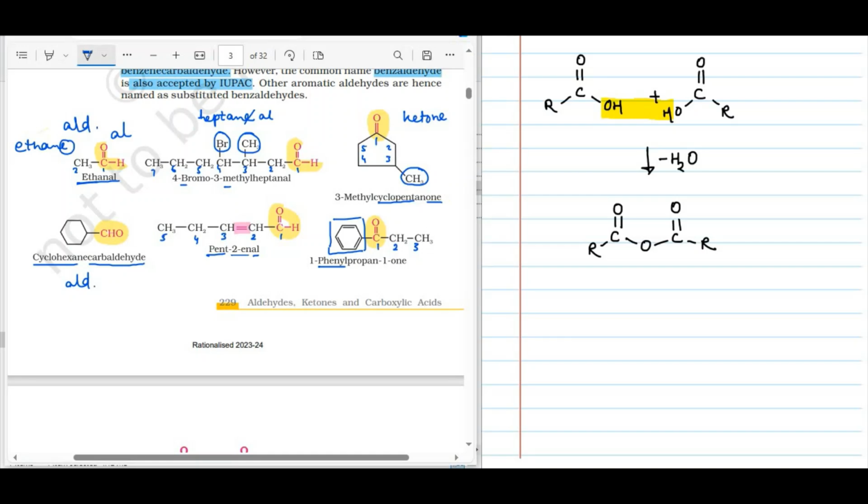So the name will be propane as it contains 3 carbons. And as this is a ketone, you have to write ONE. In this parent chain, the ketone group is present at first position. That's why we will write 1-one. And this phenyl group is also bonded to the first carbon. So the name of this molecule will be 1-phenyl propan-1-one.